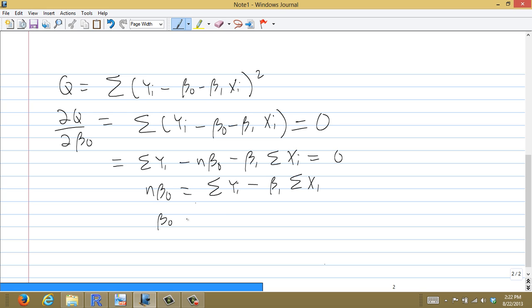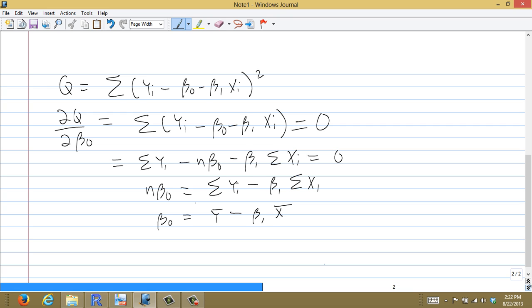If we divide both sides by n, we get beta naught is equal to y bar, the sample mean, so the sum of the y's over n, minus beta 1 x bar. This is the value of beta naught that's going to minimize the least squares error criterion Q.